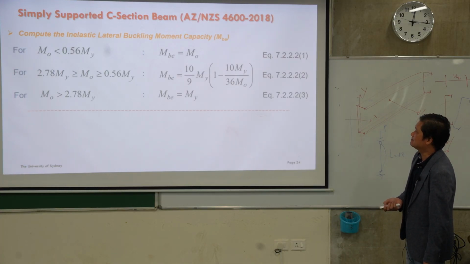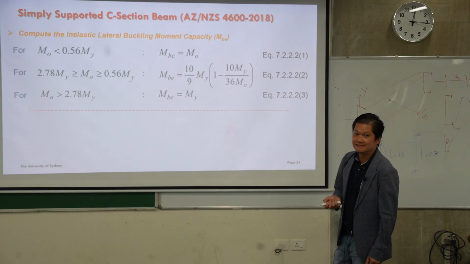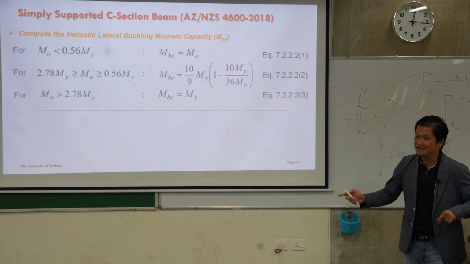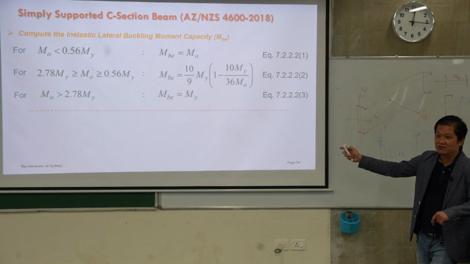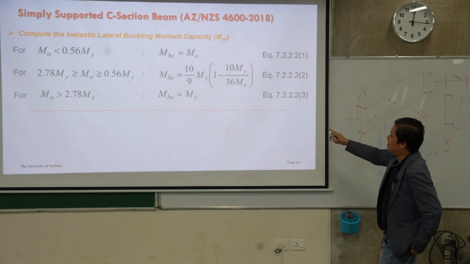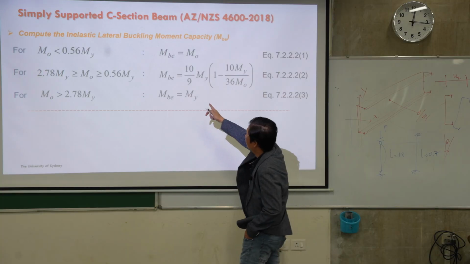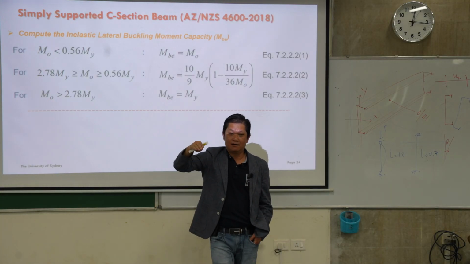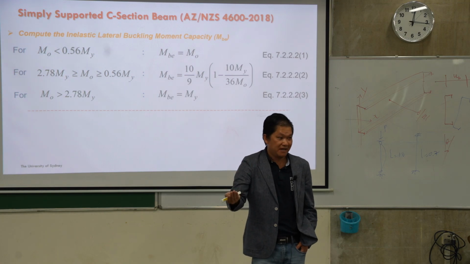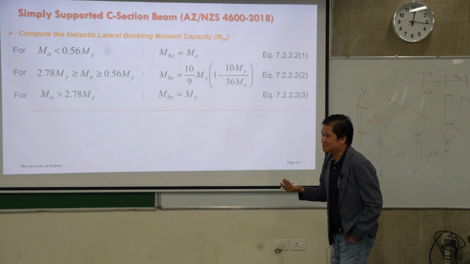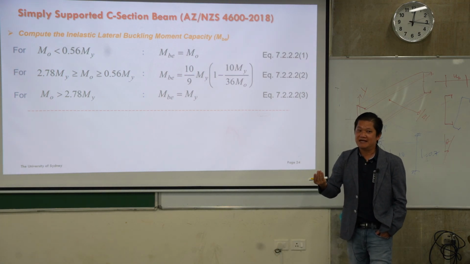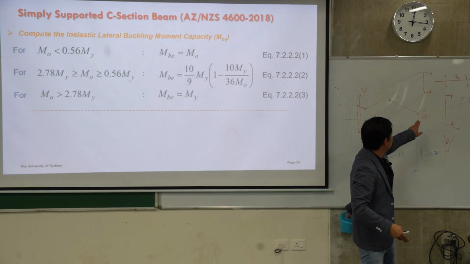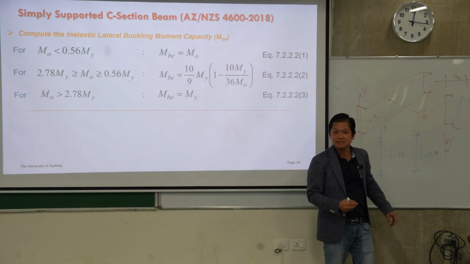Then from that, you need to calculate the member capacity of the beam. That is not the direct strength method. This is not new, this is old. You can see here, it depends on the slenderness of the beam. The slenderness depends on the number of bracing rods in here.